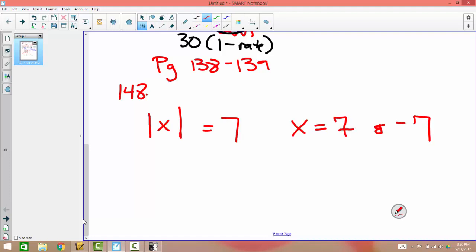Absolute value is the measure of distance. You could write that as well. That means positive or negative 7.